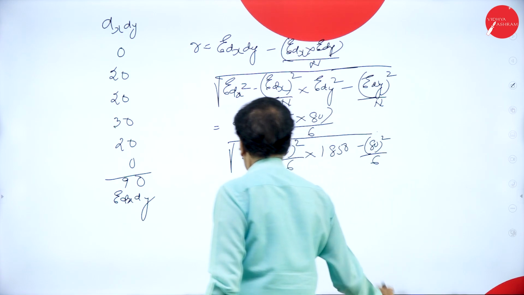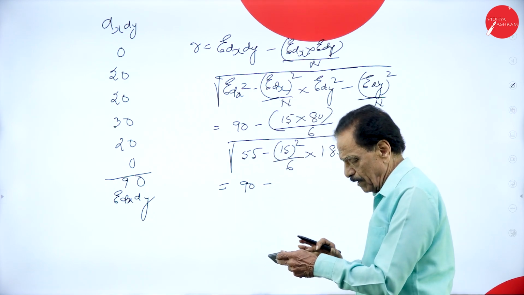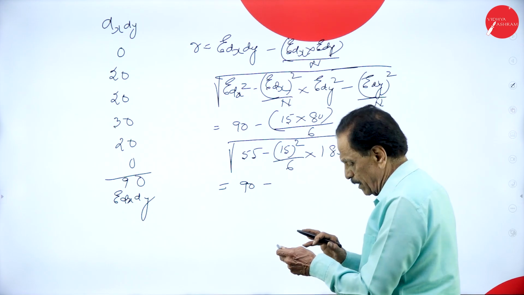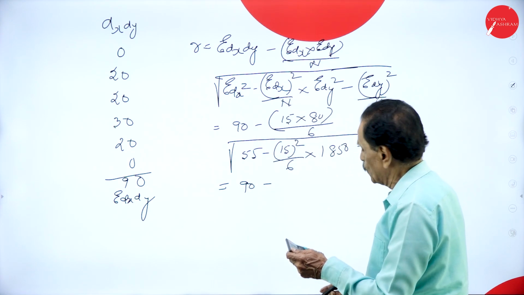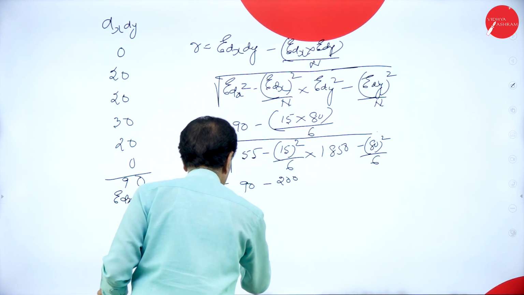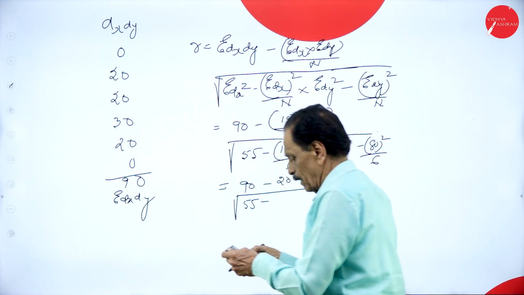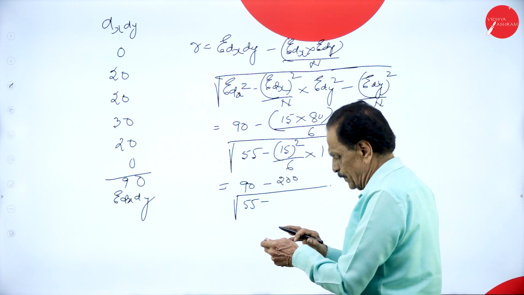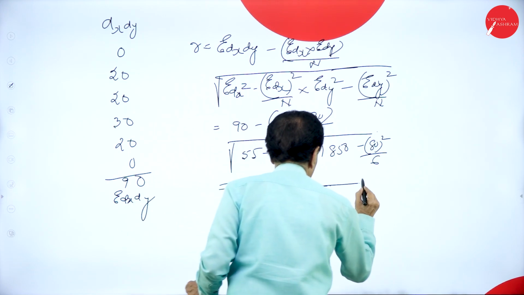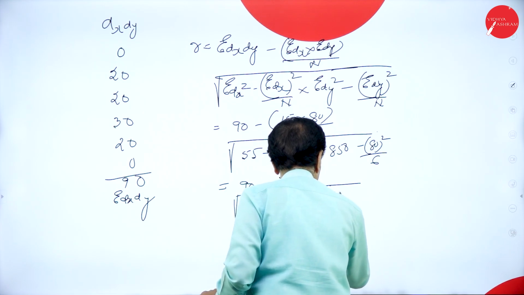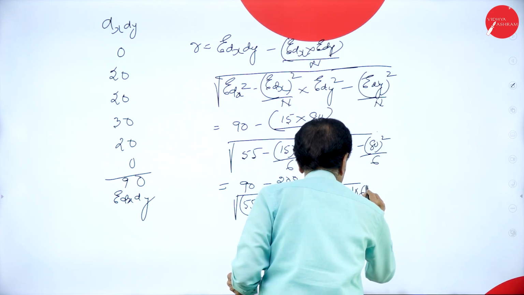Simplify this. This is 90 minus 15 into 80 divided by 6. 15 into 80 divided by 6 is 200, divided by root of 55 minus 15 into 15 divided by 6, 37.5, into 1850 minus 80 into 80, 64 divided by 6, say 1067.